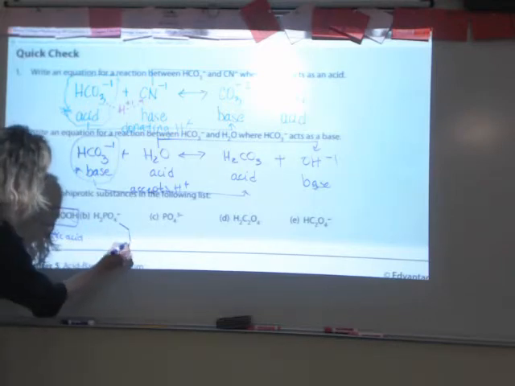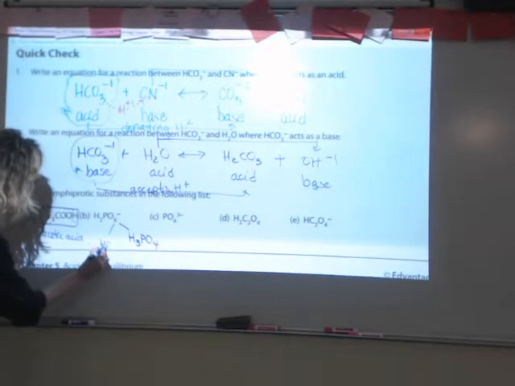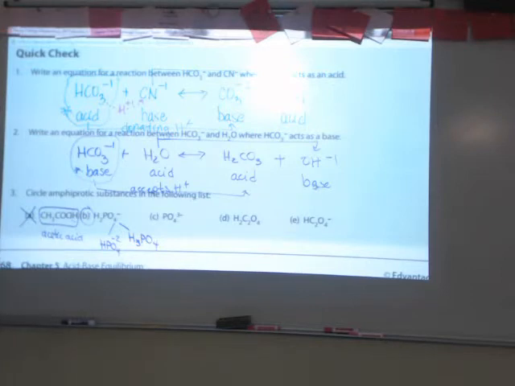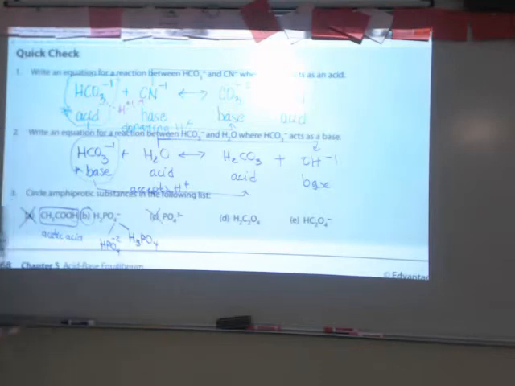So it could either accept and make it H3PO4, or it could lose one and make it HPO4 -2. So this is an example of an amphiprotic substance. Okay? C is an anion, but does C have a hydrogen ion to donate? No, so C is out.